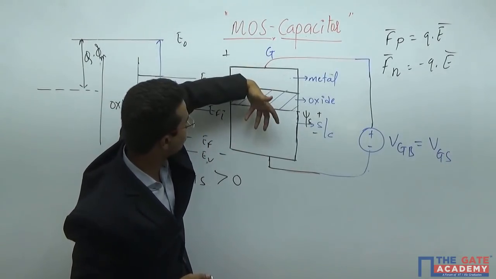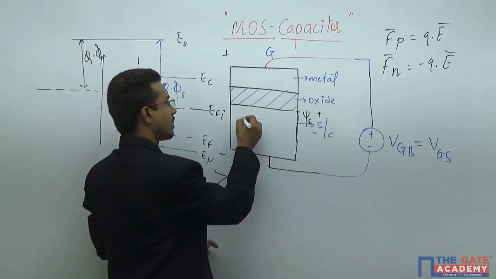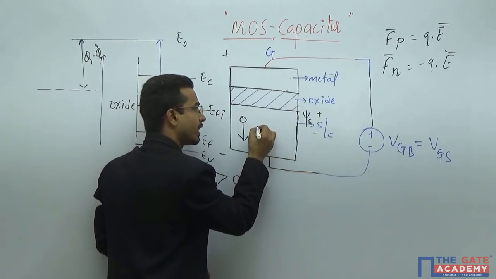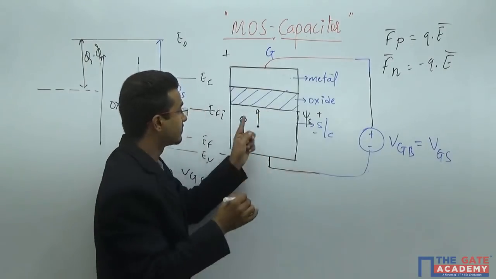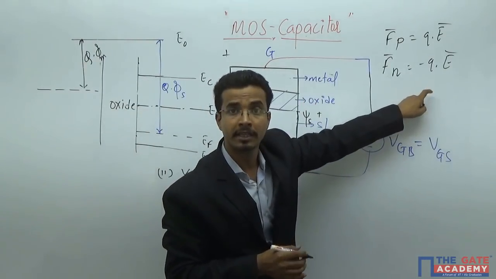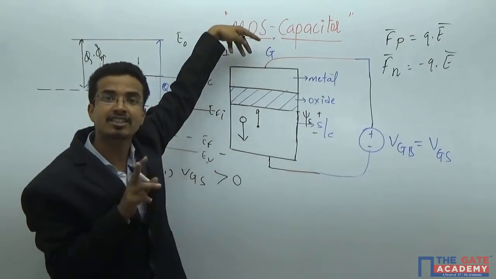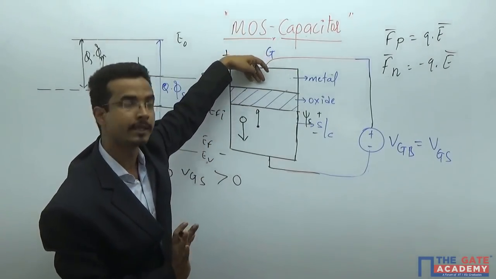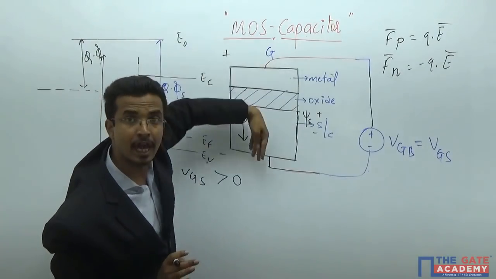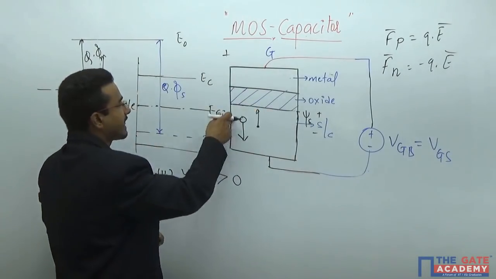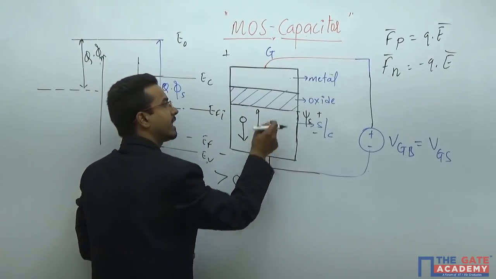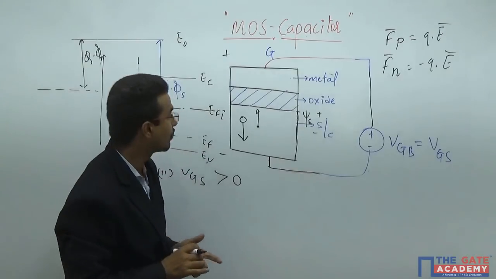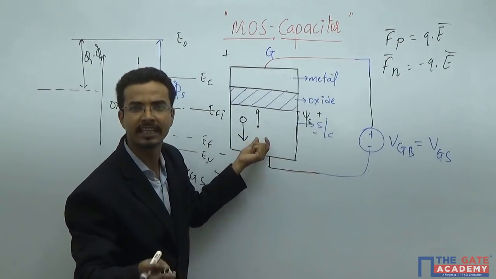If the electric field is downward, it will repel the holes from the surface and attract the electrons, with the same relation: the hole will move in the direction of the electric field and the electron will move in the opposite direction. Since the electric field direction is downward, holes will be repelled from the surface and electrons will be attracted to the surface. But this will happen after a long time.